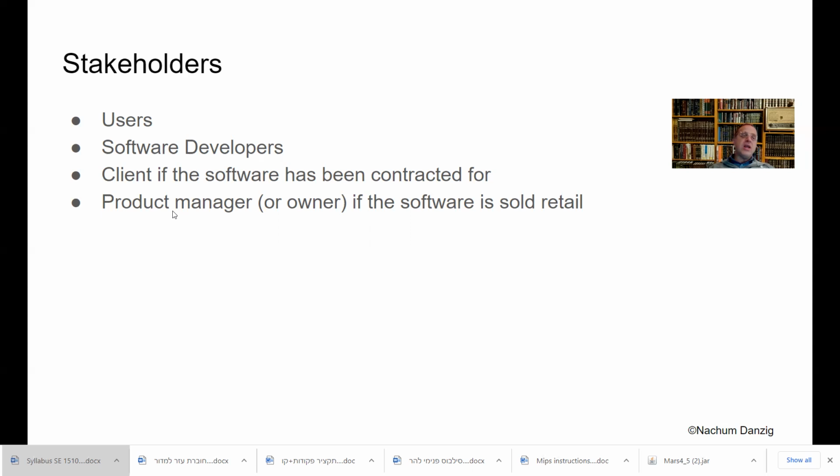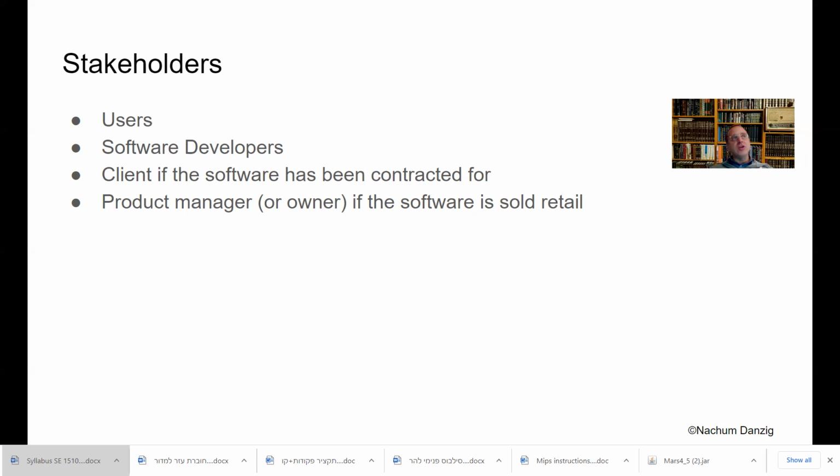So the product manager is the one who decides what features the product should have, what it should do. In other words, the owner may say, I want it to do everything. And the product manager says, you know what, you're going to put too many features on this software and it's going to become cumbersome to use.